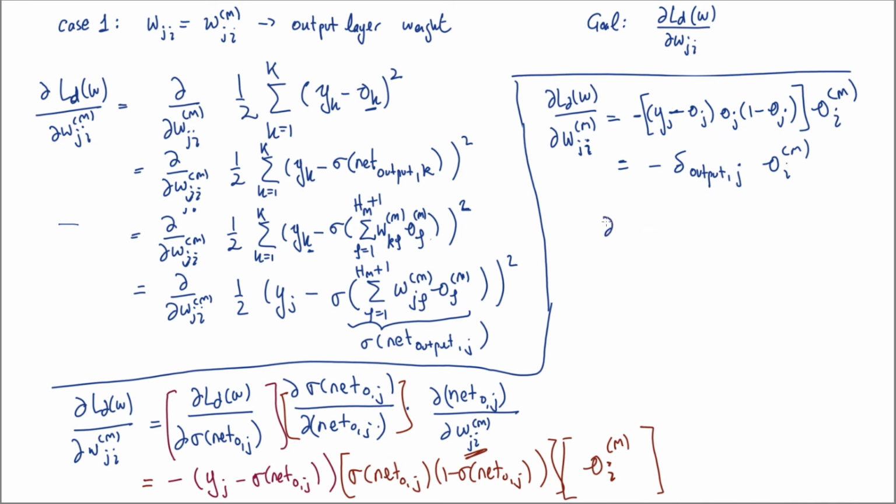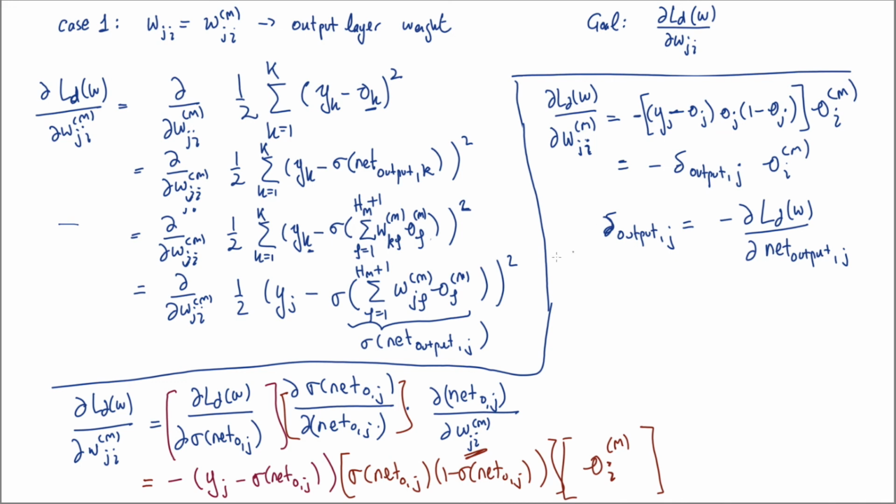And delta output j is just another way of rewriting the negative of the derivative of the loss function with respect to the value net output j.